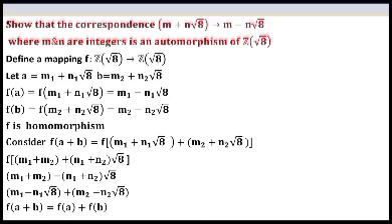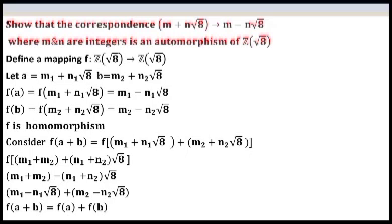Next problem is: show that the correspondence m plus n root 8 goes to m minus n root 8, where m and n are integers, is an automorphism of Z of root 8. We are defining a mapping f from Z of root 8 into Z of root 8.